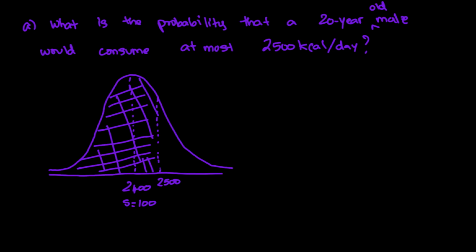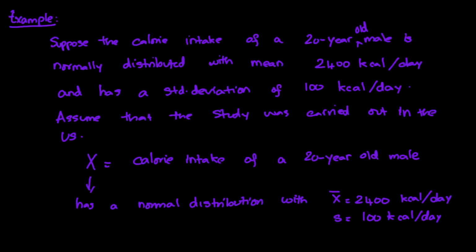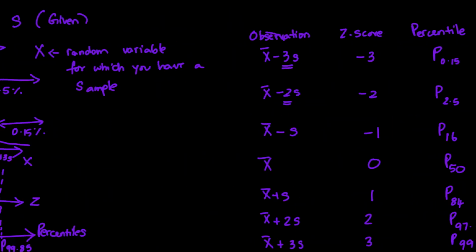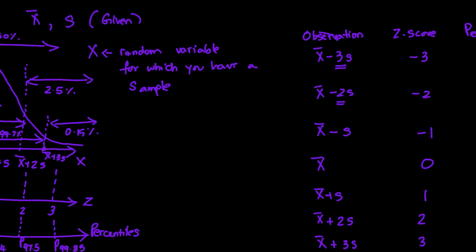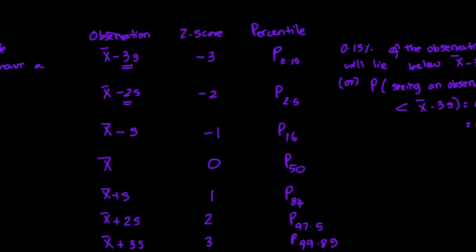Now, we know from our previous descriptions that if I go one standard deviation to the right, it would correspond to P84. So one standard deviation to the right corresponds to P84, which would mean 84% of the probability would lie below x bar plus s, and 16% would be above x bar plus s.